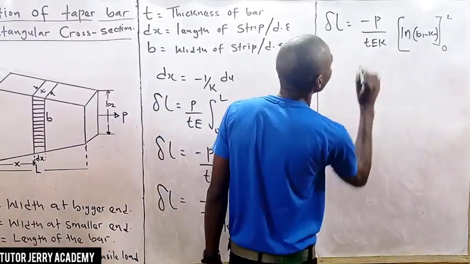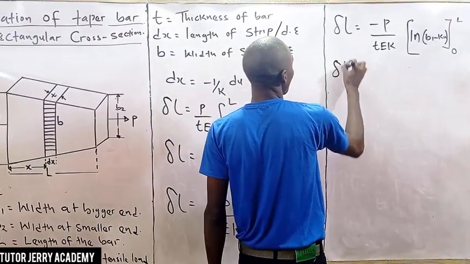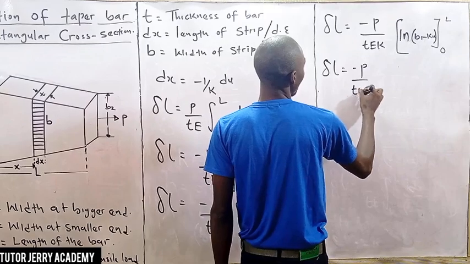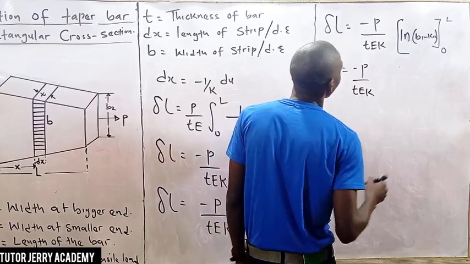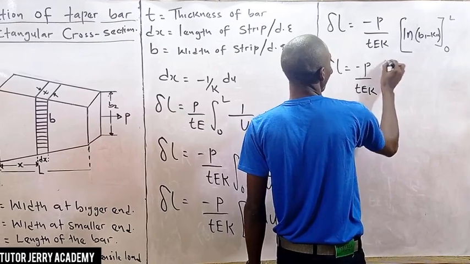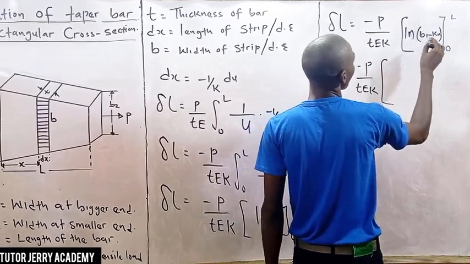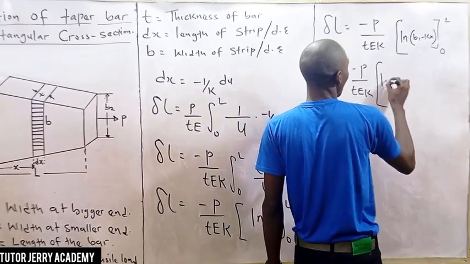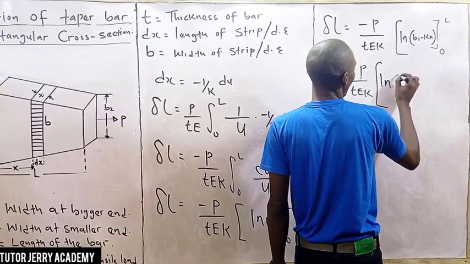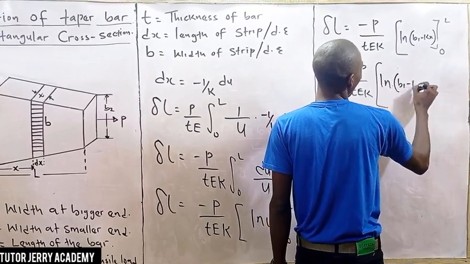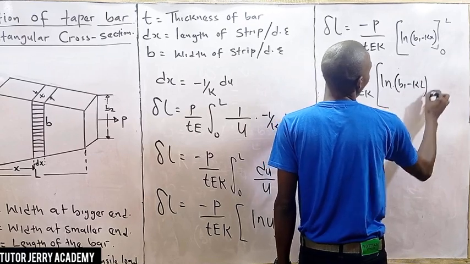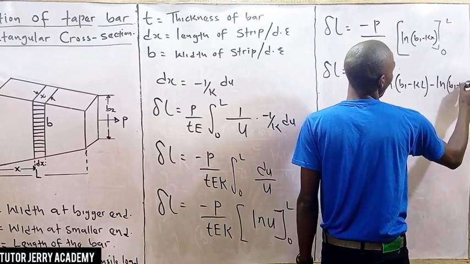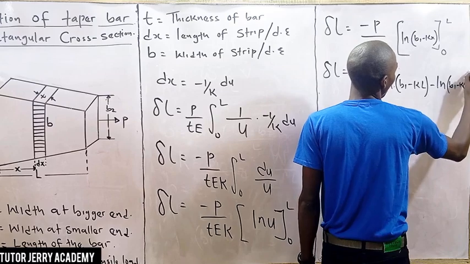All right, so now the next thing is we are going to substitute the upper and the lower limit. We are going to have minus P all over T E K, then ln of B1 minus KL, minus ln of B1 minus K into 0.